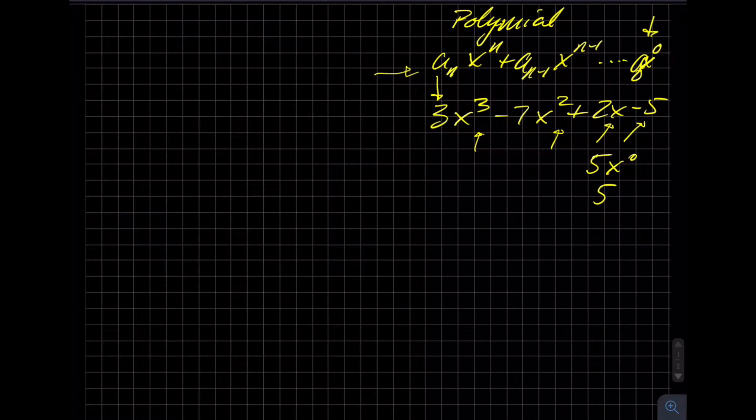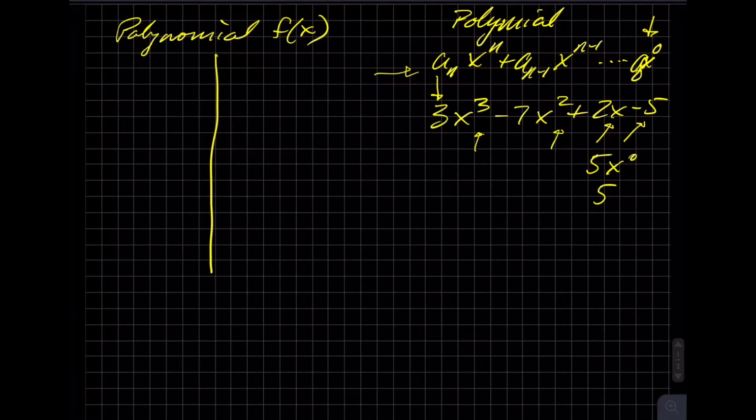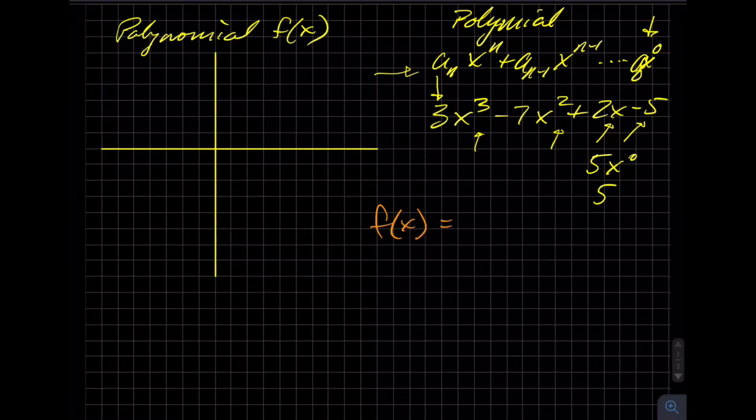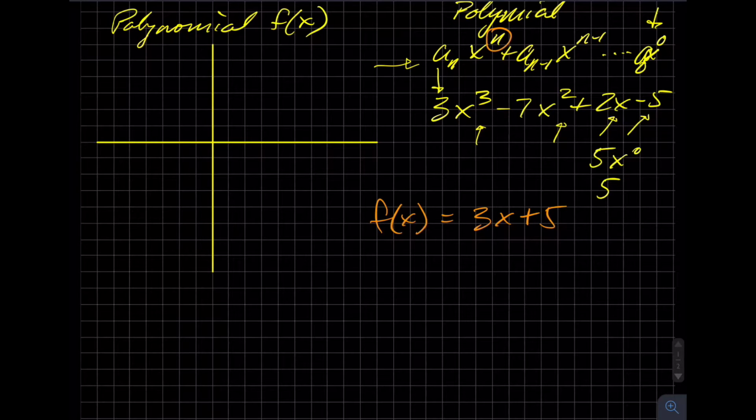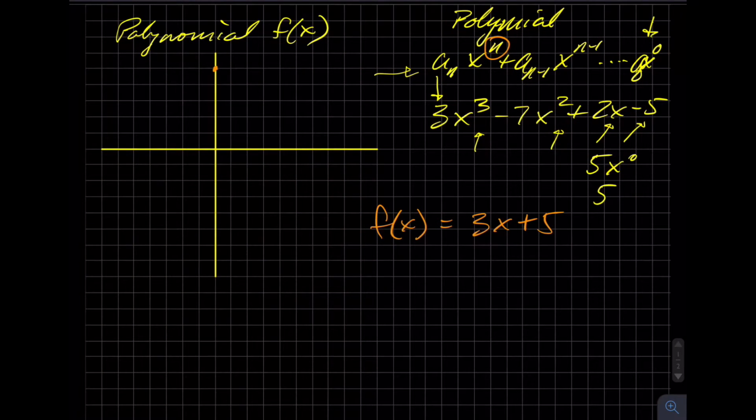So when we're talking about polynomial functions, we're talking about polynomials used as functions on the Cartesian coordinate system. For one particular case, if I have coordinate axes, and I plot the function where this exponent is 1, I'll get something like 3x plus 5, with a y-intercept of 5 and a slope of 3.